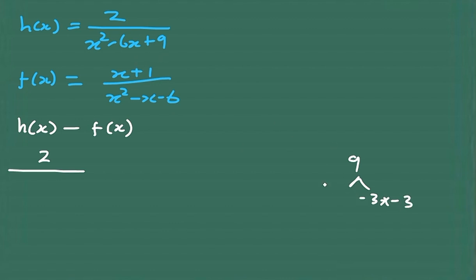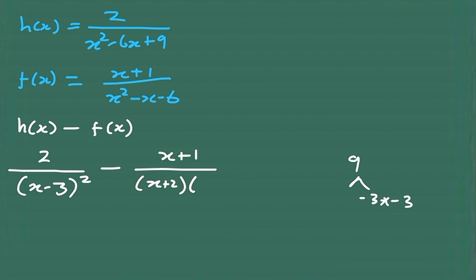So minus 3 will give us minus 6x, and minus 3 times minus 3 will give us positive 9. So basically we can say that this will be x minus 3 all squared. So it's a repeated root, and this is minus f of x, which is x plus 1 all over, we factor this to be x plus 2 times x minus 3.